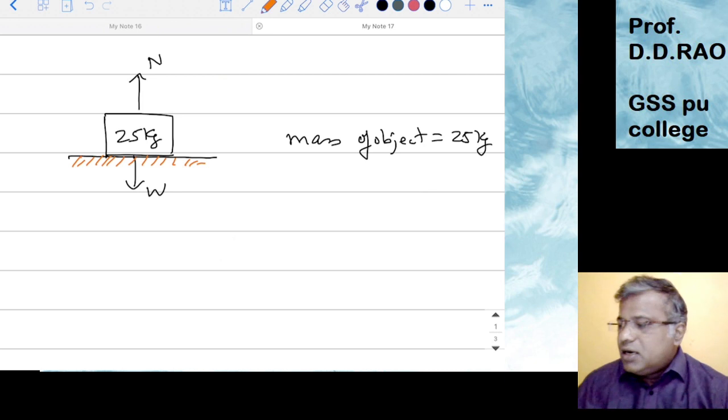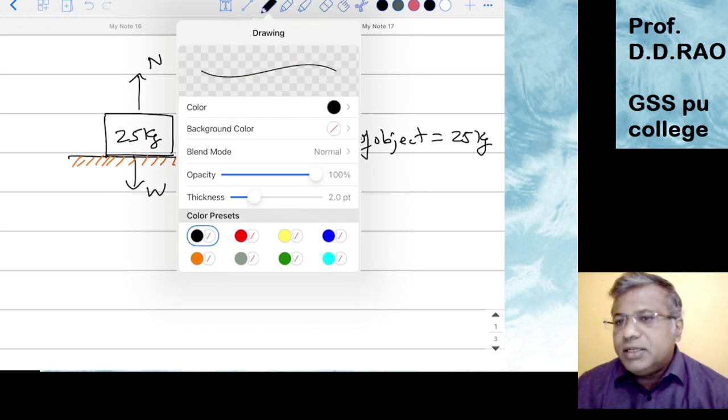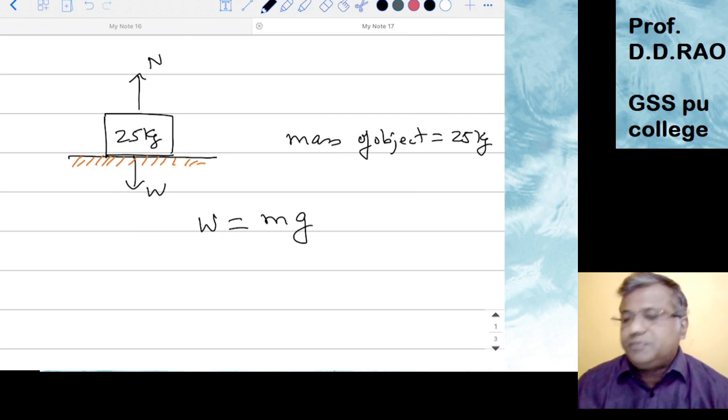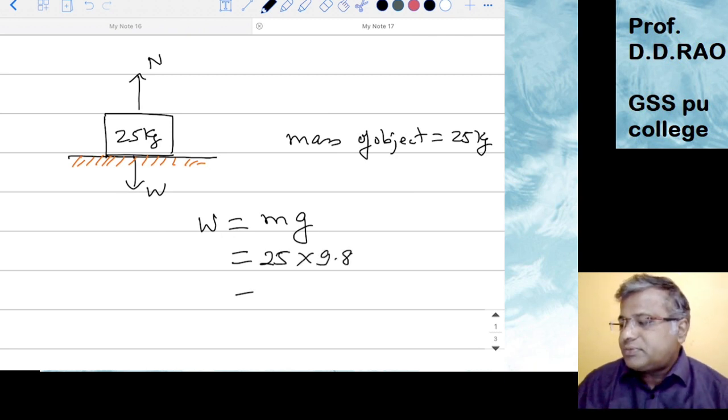Upward direction. Now this normal reaction will be equal to the weight. So weight W is equal to m into g. Always, weight is mass into acceleration due to gravity. So that will be 25 into 9.8.